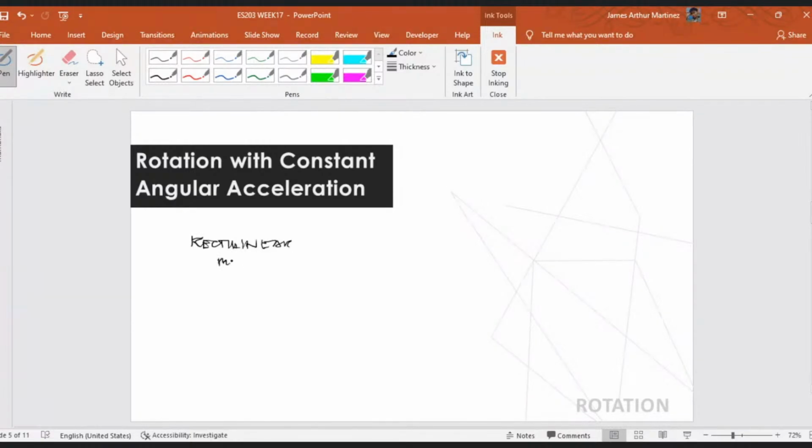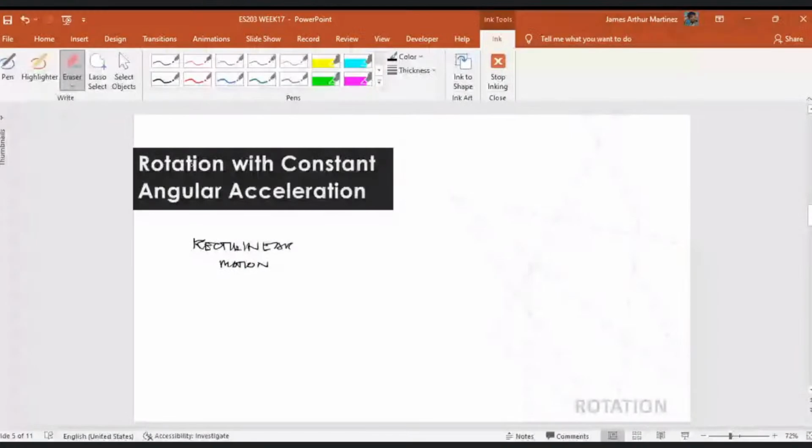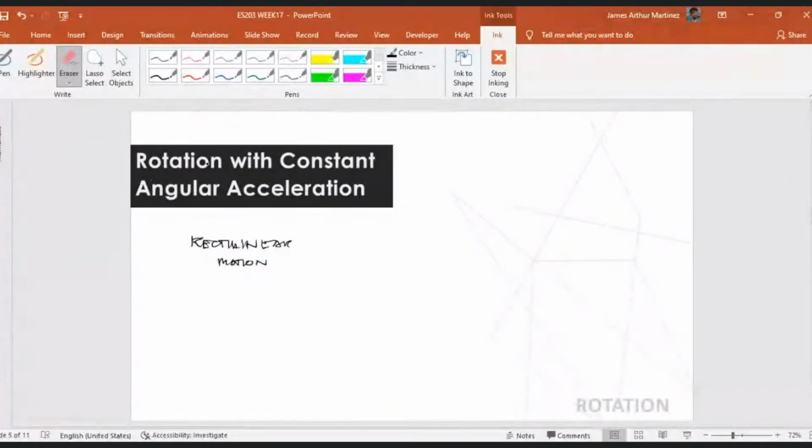So for rectilinear motion, what are the equations available for rectilinear motion with constant acceleration? By the way, we consider angular acceleration here because we are dealing with rotating bodies, or rotation. So the condition is angular acceleration. And in rectilinear motion, it is rectilinear motion with constant acceleration.